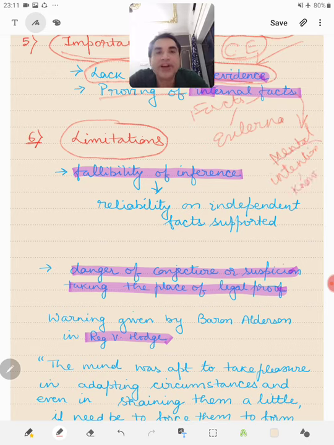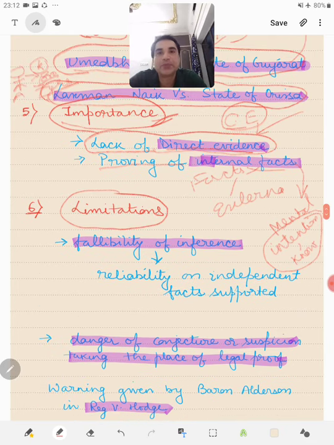So how do we find out intention? How do we find out the knowledge? There is no way by which we can break open the mind of the accused and see what the intention is. In that case, internal facts are proved by circumstantial evidence. So it is very important in cases where there is lack of direct evidence, and also it is important in proving of the internal facts.